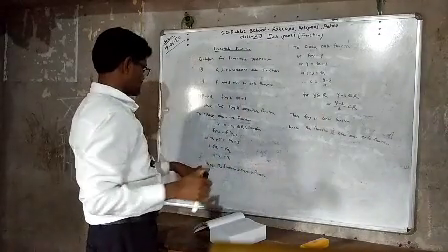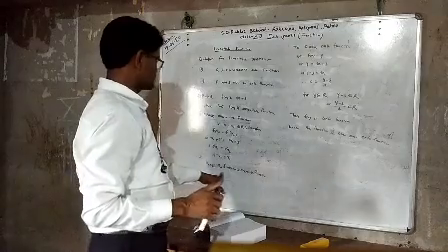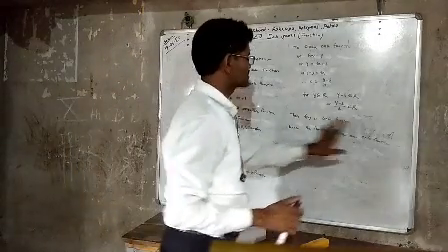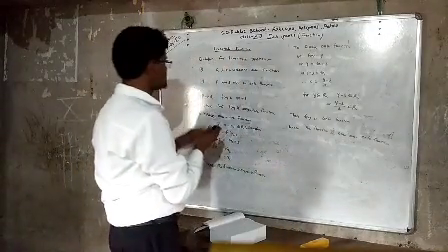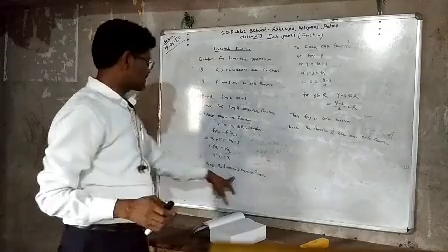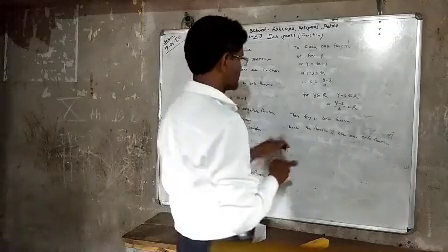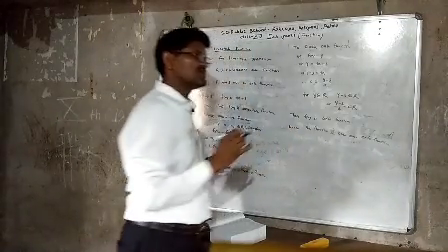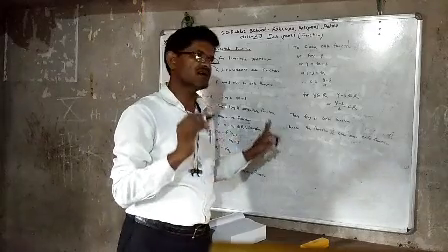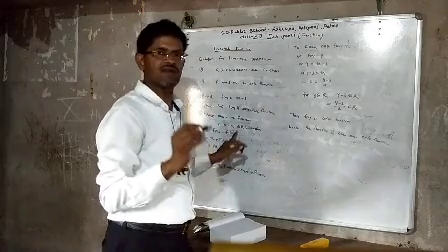Now we observe that the given function is one-one and onto both, so it satisfies both rules. Hence, the given function satisfies both conditions of invertibility.